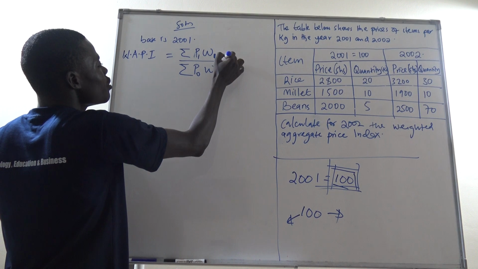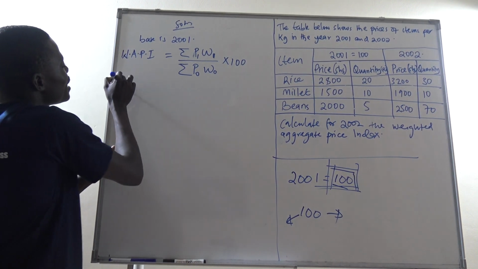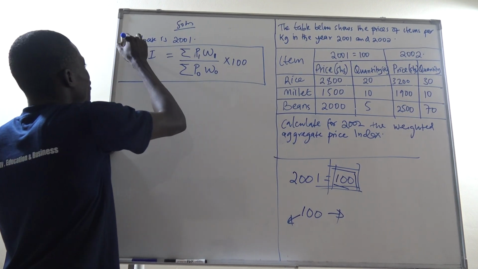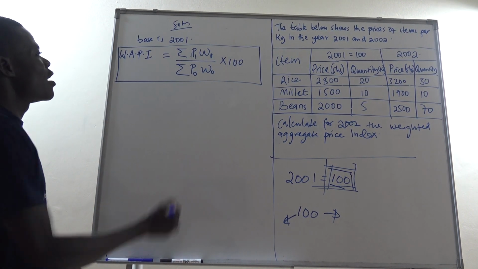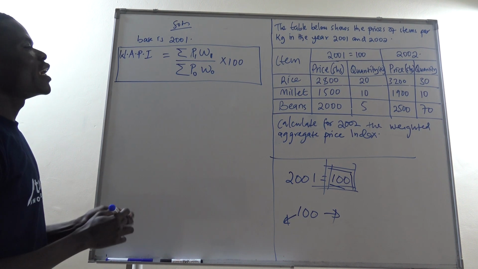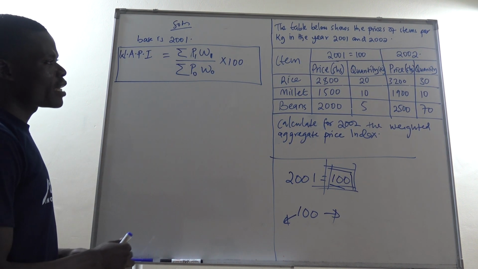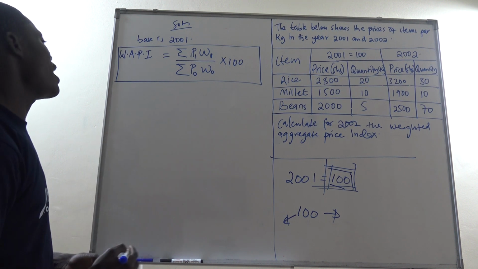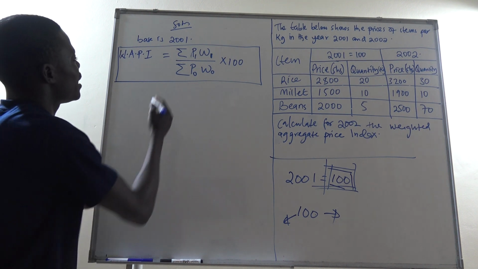Then the total, you multiply by 100. Knowing this formula is enough for you to pass this question. So that's the key formula, where P1 is the price in the current year and W1 is the quantity in the current year, and P0 is the price in the base year and W0 is the quantity in the base year.